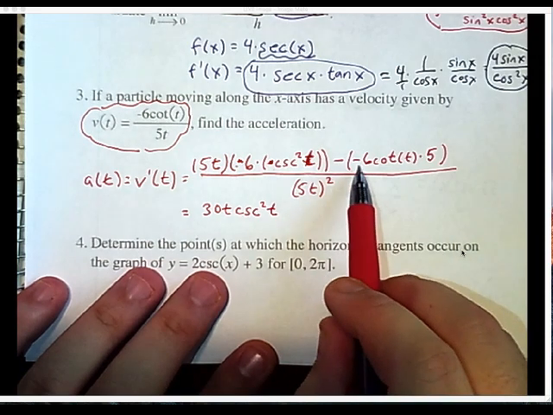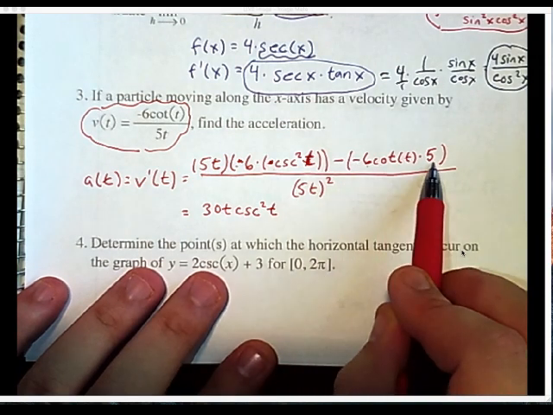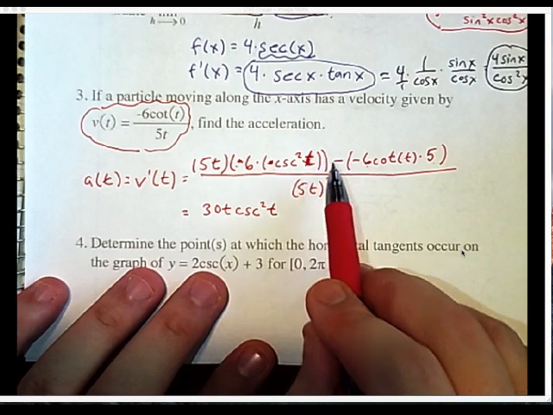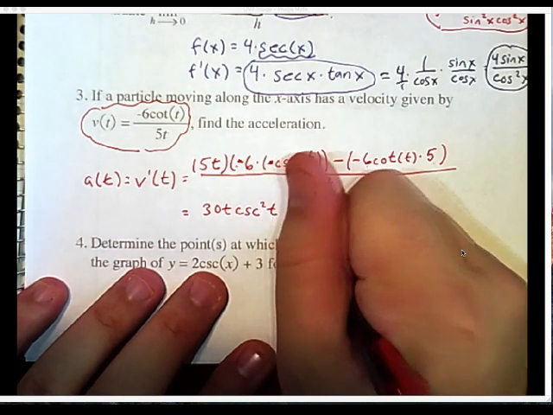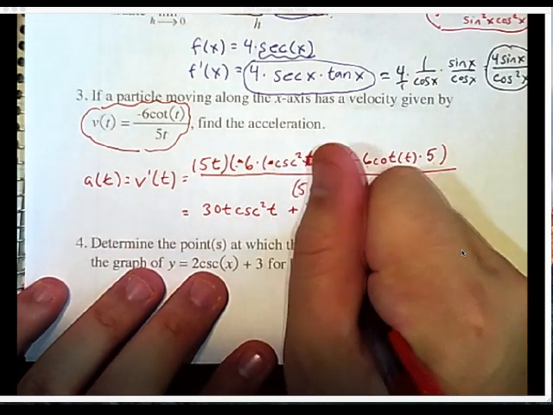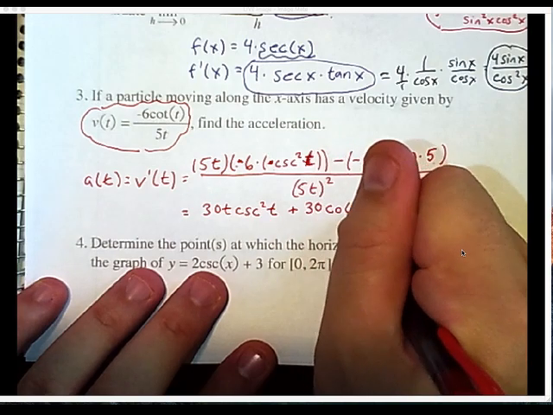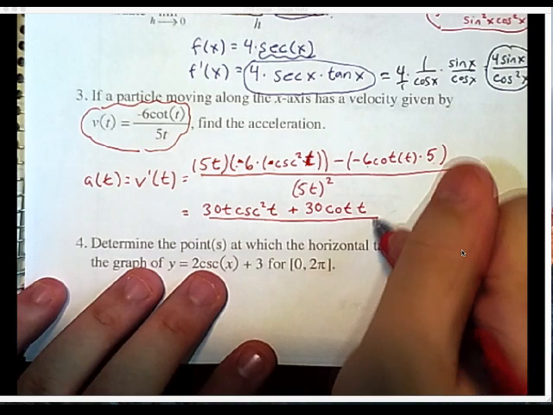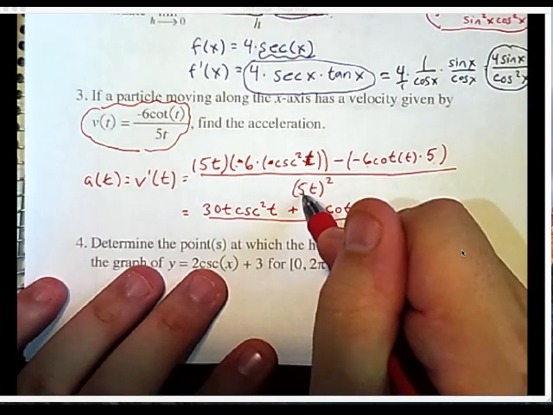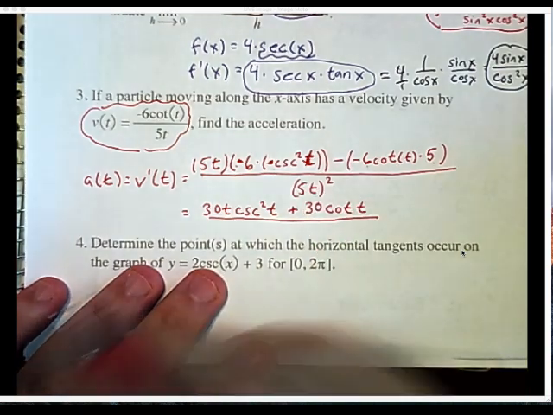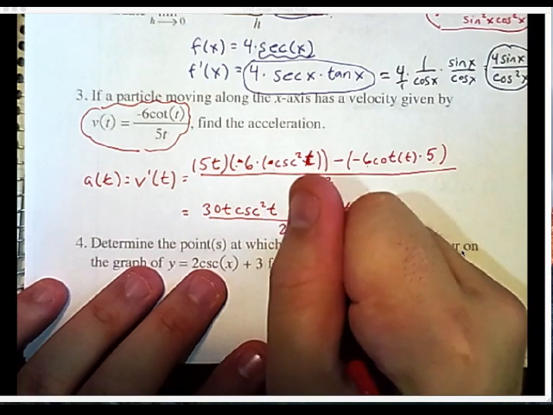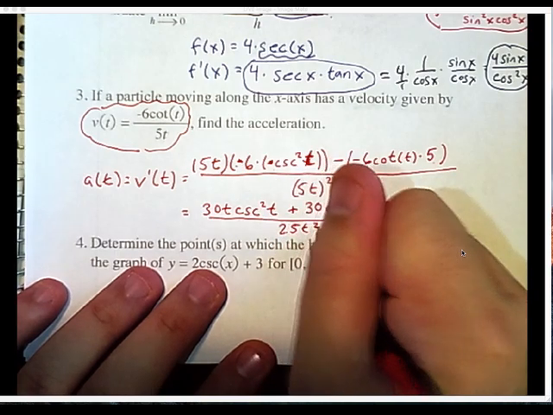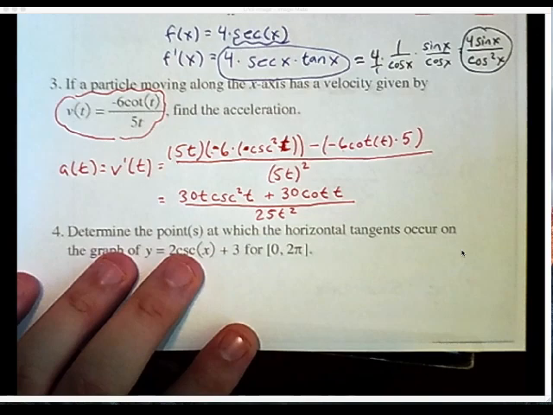Here you have -6 times 5 is -30, but then it's going to be minus a -30, which is going to turn into a plus 30. Plus 30 cotangent of t. And be really careful when you square the bottom. You got to square the 5, and you also have to square the t. So 5 squared is 25, and t squared is t squared.